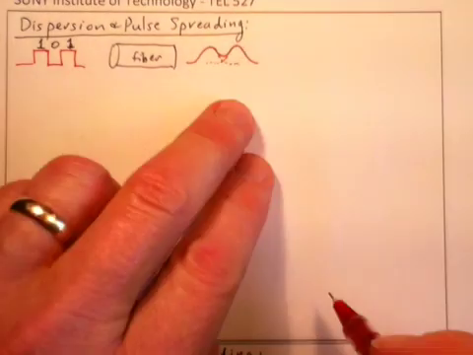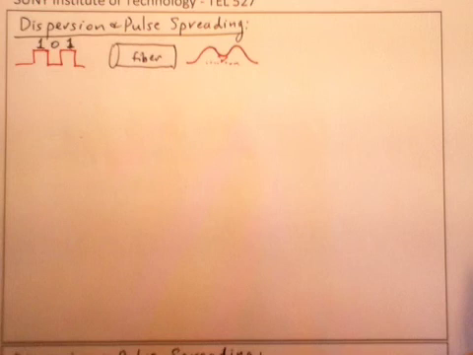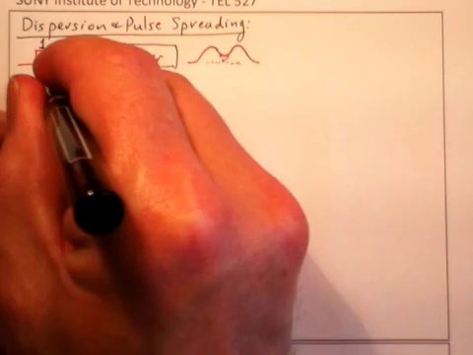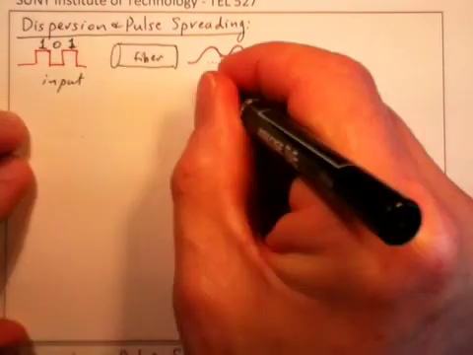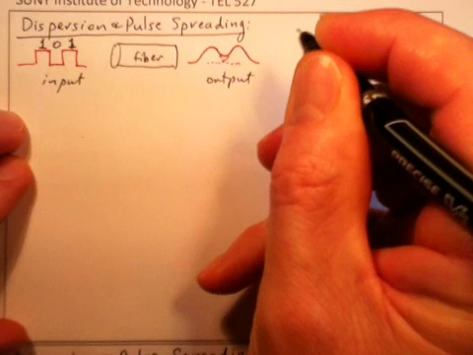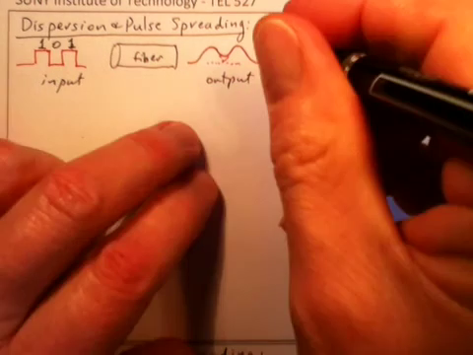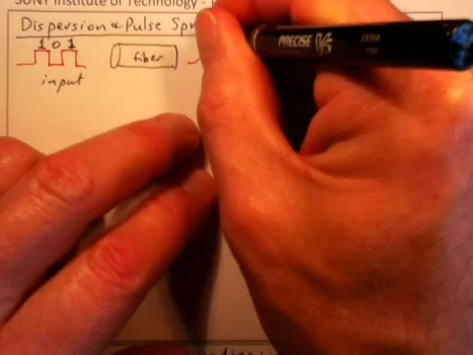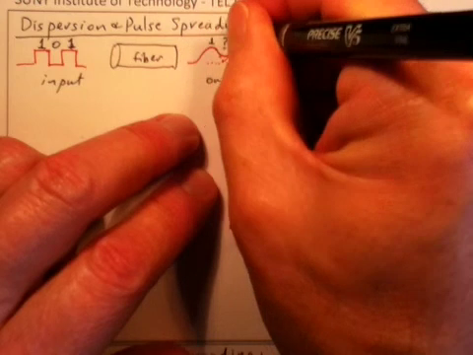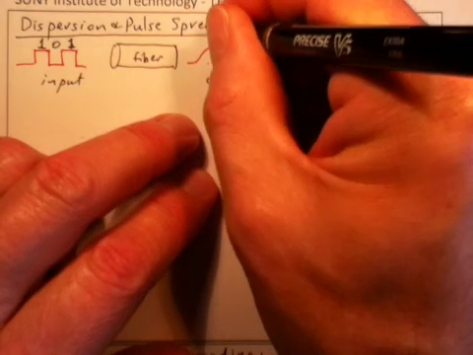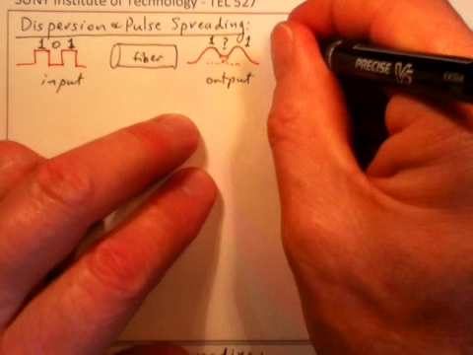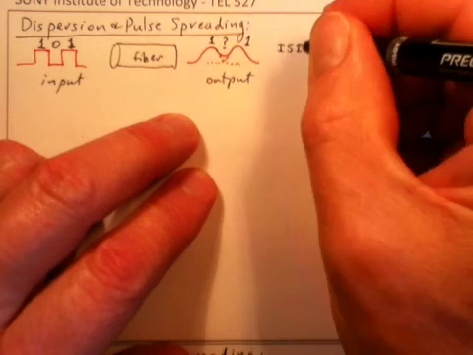So this is the input, and this is the output. On the output side, we have a 1, then a question mark, and then another 1. So we have intersymbol interference going on here.